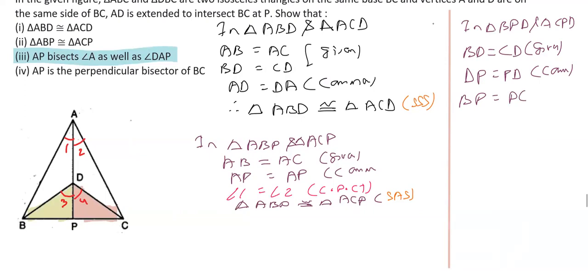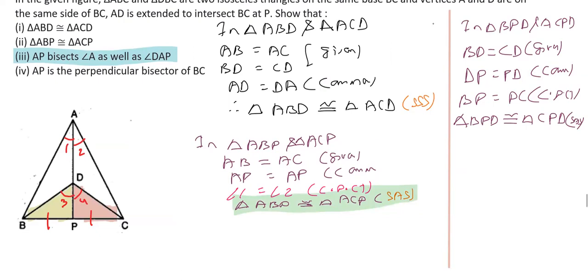Once again, we can write this length BP is equal to PC, as these are corresponding parts of congruent triangles. We have proved these two triangles congruent, so we can use their corresponding parts being equal in proving the other part. So we simply write CPCT. Triangle BPD is congruent to triangle CPD, by side angle side.